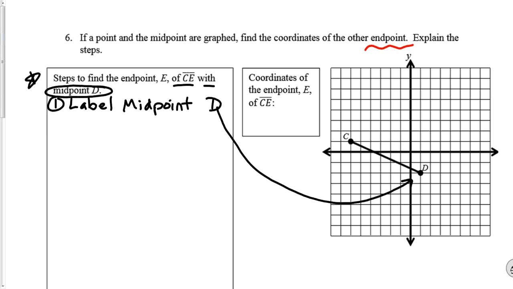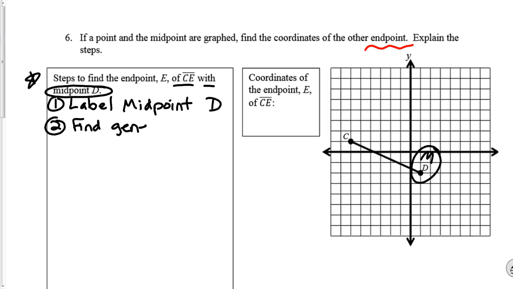So I'm going to go to my graph over here. This is my midpoint. Okay, I'm just going to write an M, and I'm going to put a circle around it. You may do whatever it is you like, but that's how I'm going to know that is the middle of my segment. Next thing that I want to do is I want to find the general area for the other endpoint.